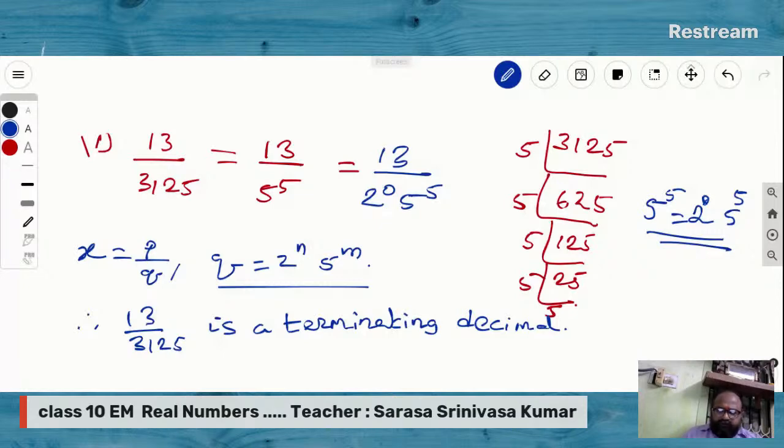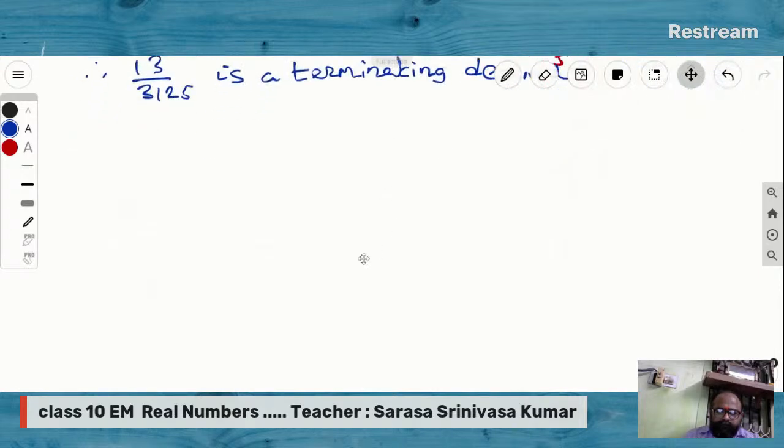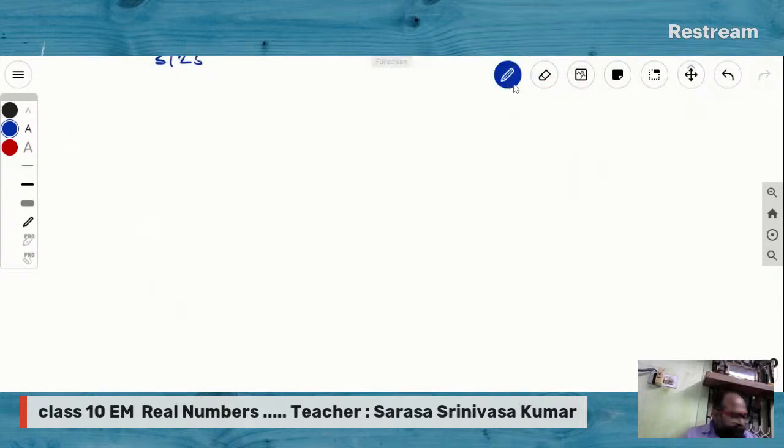Now we consider the second problem, 11 by 12.